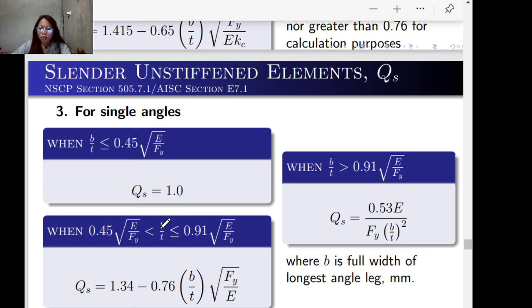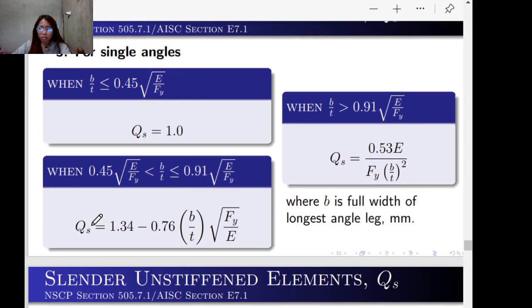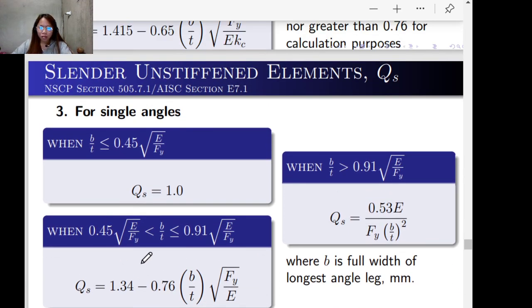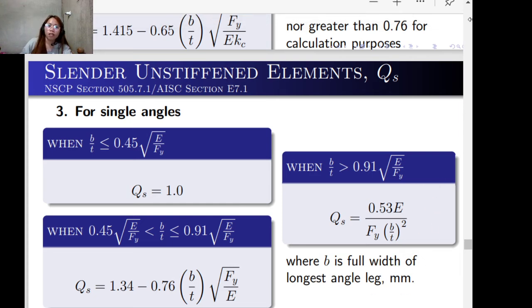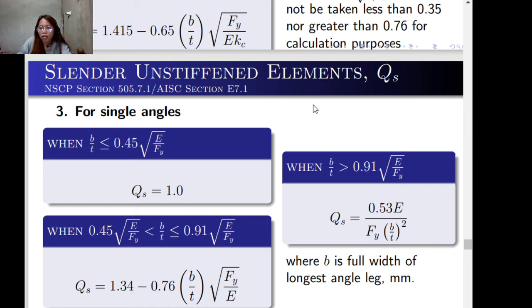If b over t is greater than 0.45 square root of E over Fy but less than or equal to 0.91 square root of E over Fy, use this relation for Q sub S. If b over t is greater than 0.91 square root of E over Fy, use this relation for Q sub S, where b is the full width of the longest leg of the angle. For single angle, meaning angle bar.